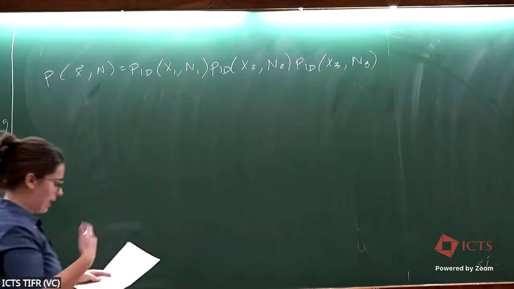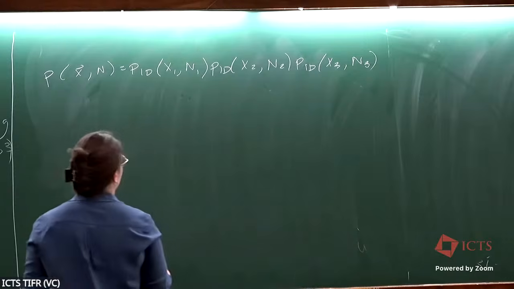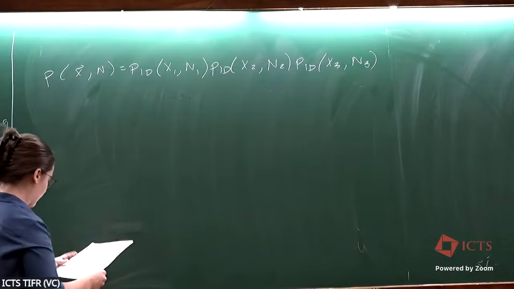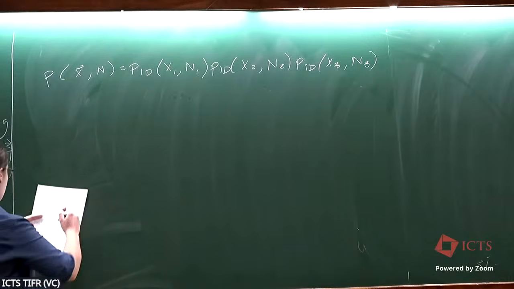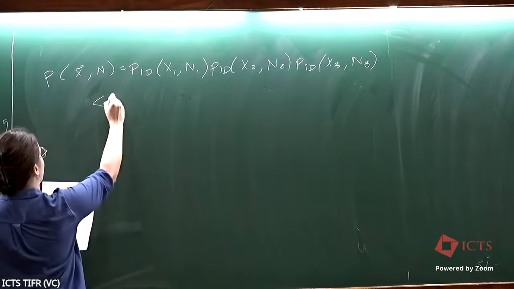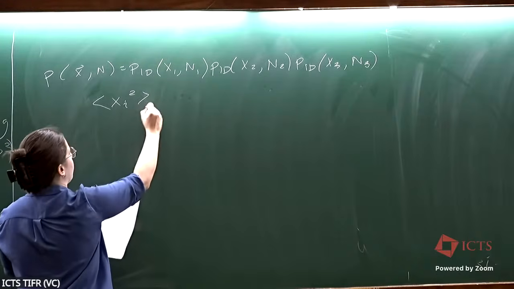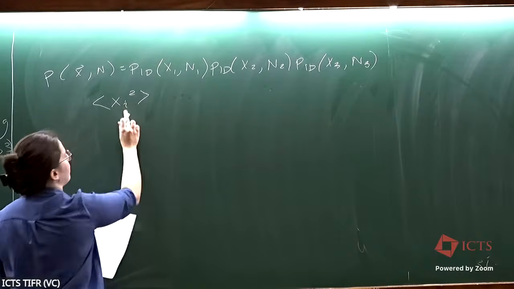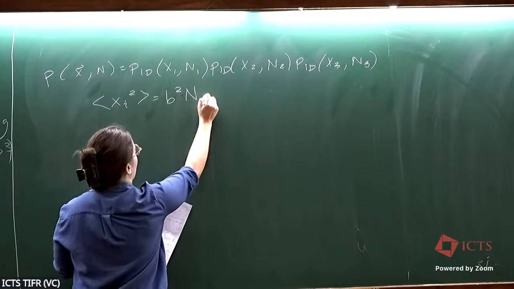And what we can do again is just lean on the fact that these are very, very long objects. So if we want to know the variance in 3 dimensions, we can recognize that for any of these 3, the variance squared in the ith direction is equal to b squared ni.